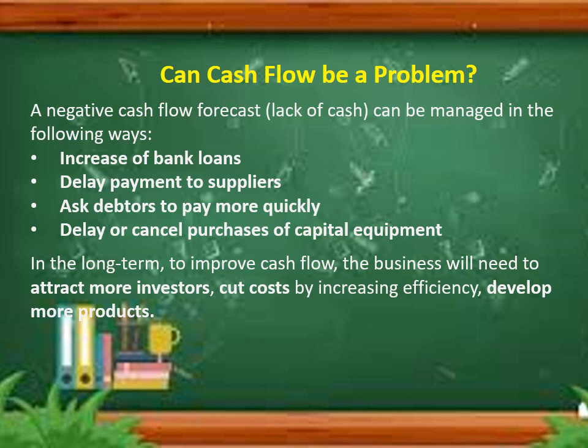You could delay or cancel the purchase of capital equipment. So in the long term, to improve cash flow, the business will need to attract more investors, cut costs by increasing efficiency, develop more products, explore new markets, expand the sales volume, and many other options or a combination of these.